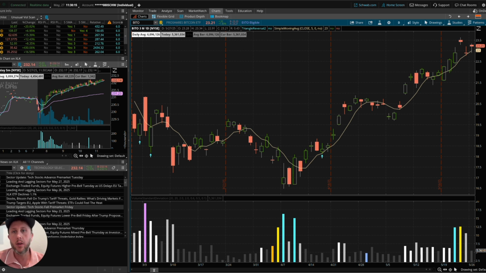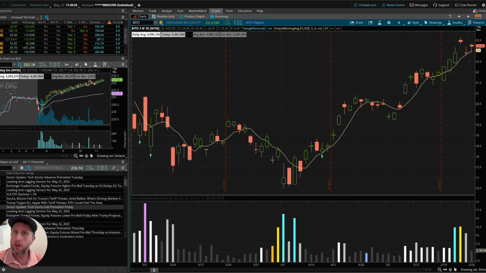So I'll keep it on my watch list and look for an entry on a pullback. This could be a stock that's had a catalyst recently and prices continue to climb higher, or a sector that is starting to heat up or that's been heated up for a while and has been in an uptrend.